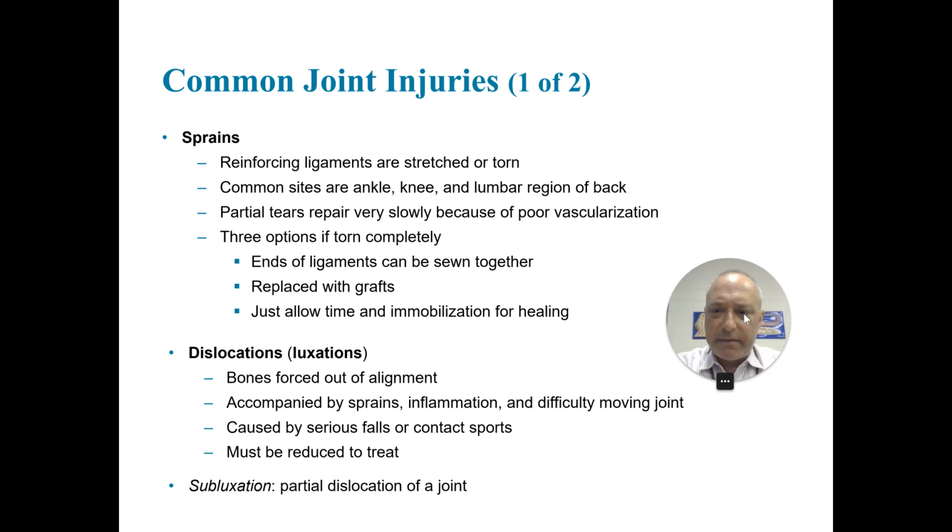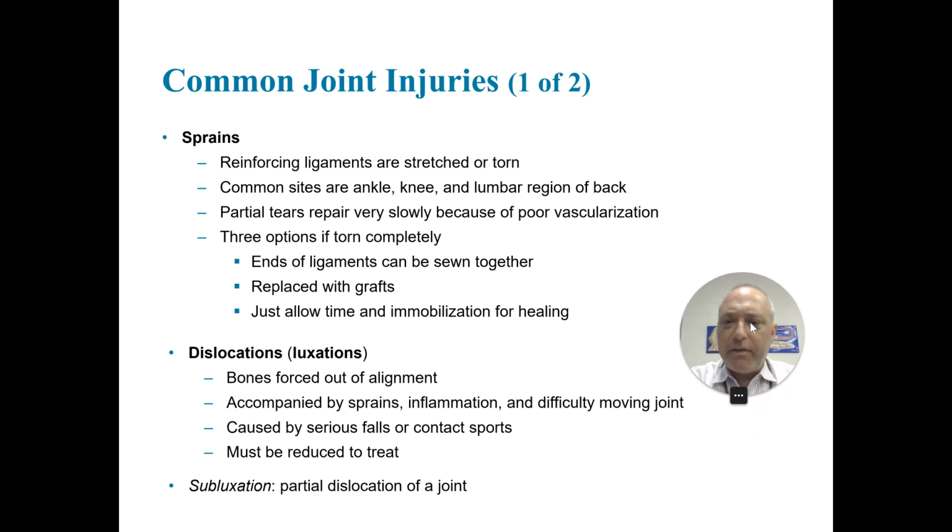Okay, sprains. So sprains are when the ligaments are stretched or torn. Common sites are the ankle, the knee, the lumbar region. These areas are poorly vascularized, so they repair very slowly. There's also dislocations, which are called luxations. When the bones are forced out of alignment, they will be accompanied with sprains and inflammation.